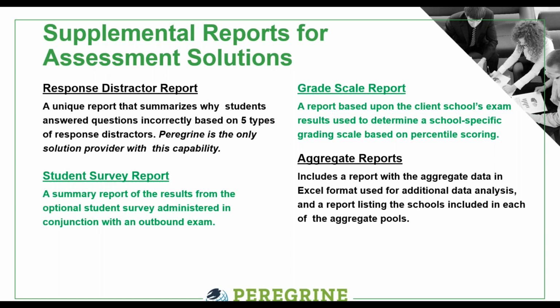The aggregate reports, there are two aggregate reports. One is client schools. It's going to show you actually which schools are within each aggregate pool. So while you can't pick and choose which institutions you want to benchmark yourself against, you can look at those different aggregate pools and which schools are in those pools, and then decide, okay, now I want to benchmark against this pool.